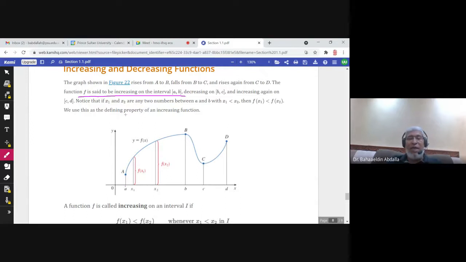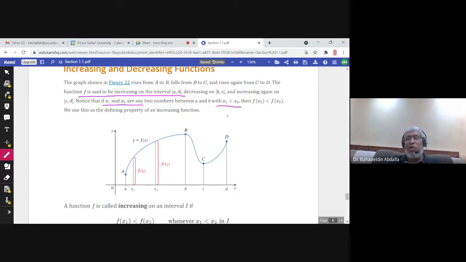If you take any two numbers, x1 and x2, such that x1 is less than x2, so here in this interval, take these two numbers, x1 and x2, where x1 is to the left of x2. Find f of x1, find f of x2, you will find that f of x2 is greater than f of x1.